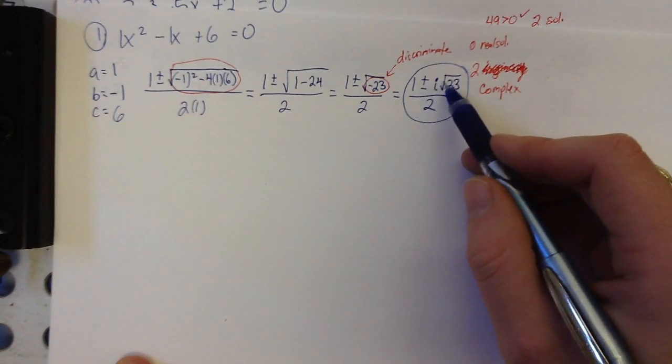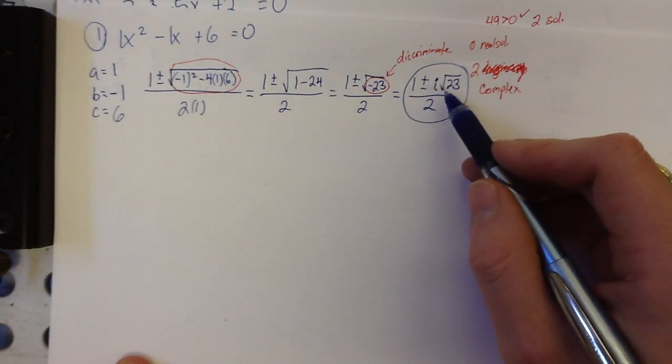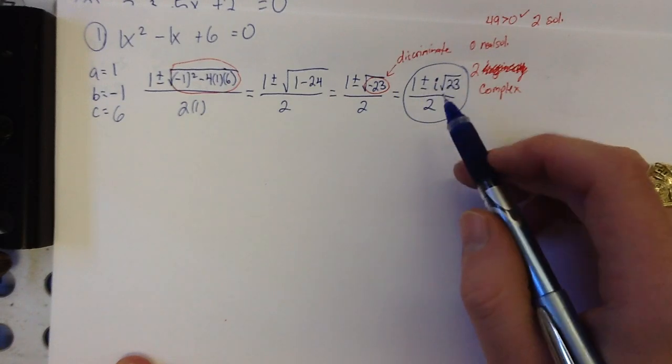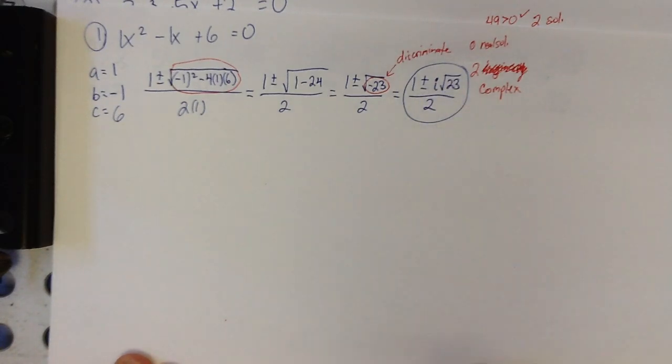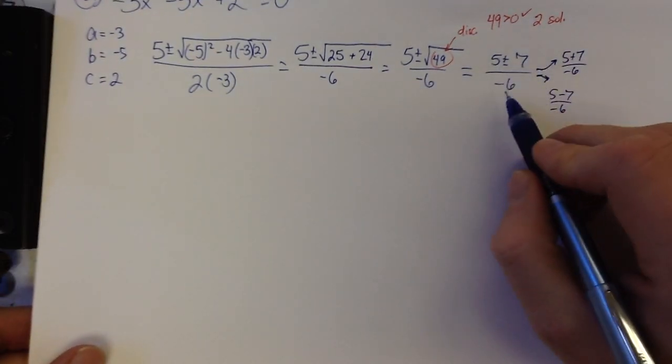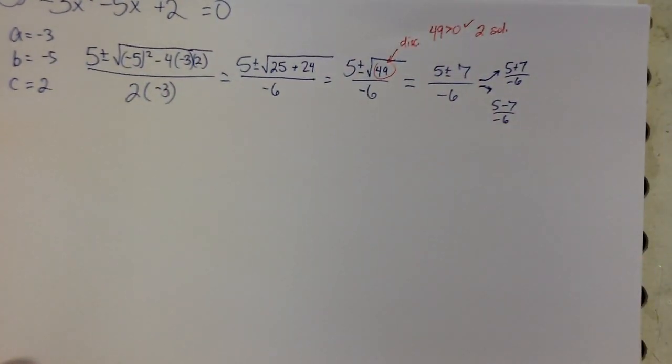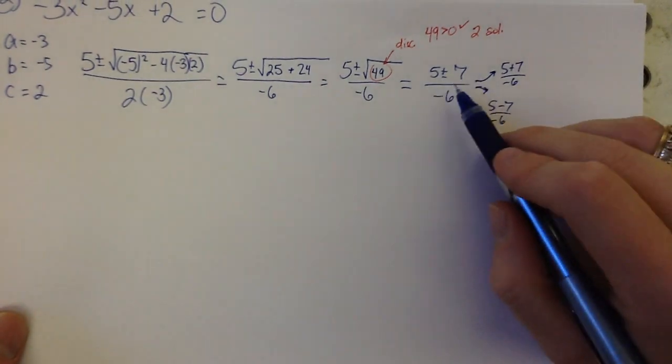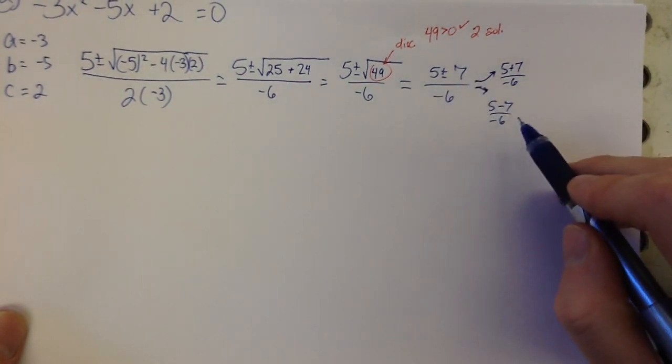You're still going to have all these, the radical, the i, it's still going to be messy however you slice it. But with this one, now that we have a bunch of whole numbers, well, we don't have too many like this, but when it happens, you might as well put them together and get nice answers.